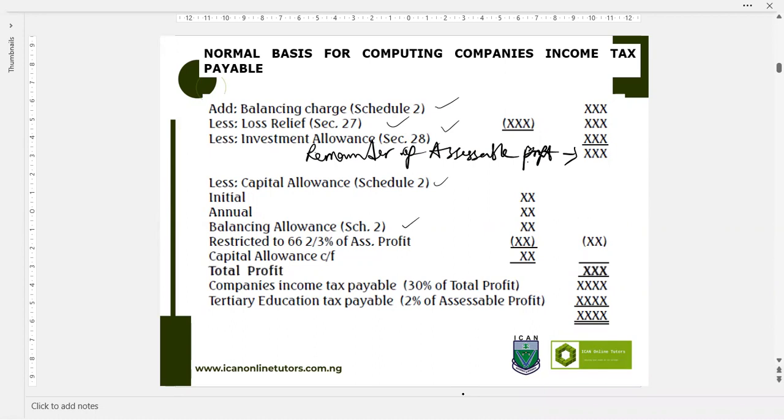Okay, so again, education tax payable is to be computed on the assessable profit, that is the adjusted profit after adjusting for taxable income omitted, allowable expenses omitted, non-taxable income and disallowable expenses.